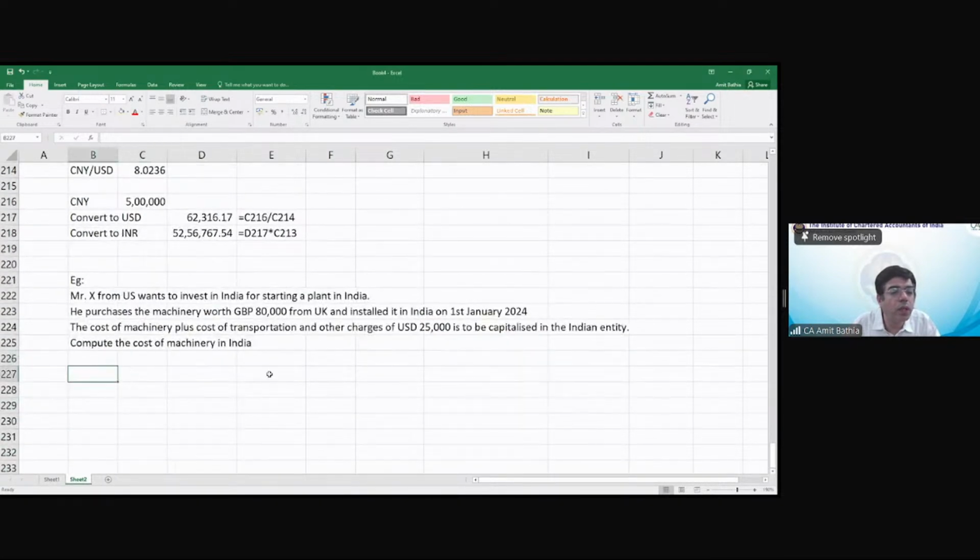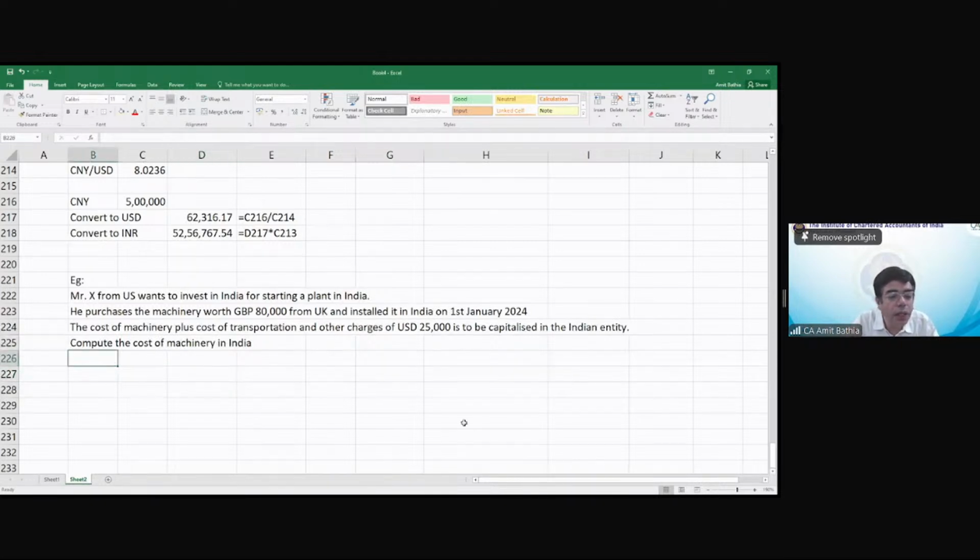All right. So here, how do we compute the cost of machinery in India? Shall we start?